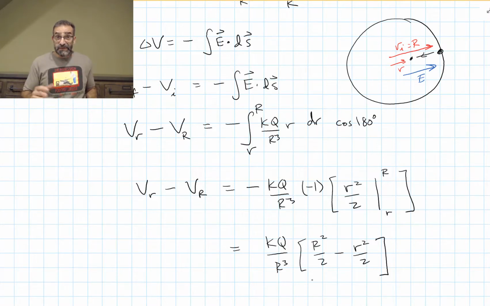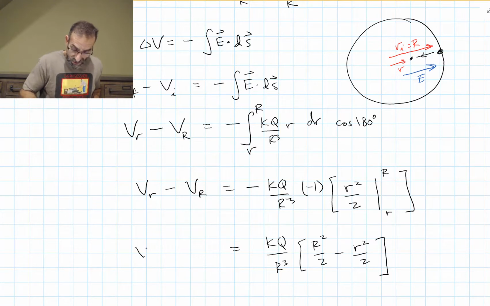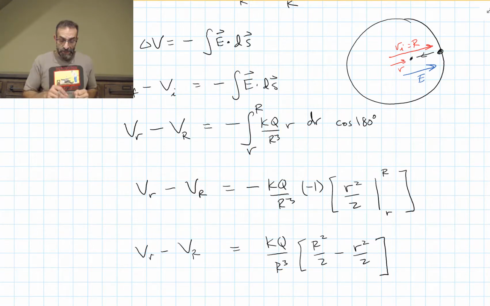And let's think about our signs now to see if we got them correct. On the left side of my equation, I have the potential at any location inside of the sphere minus the potential on the surface. The electric field points from the center of the sphere outward.